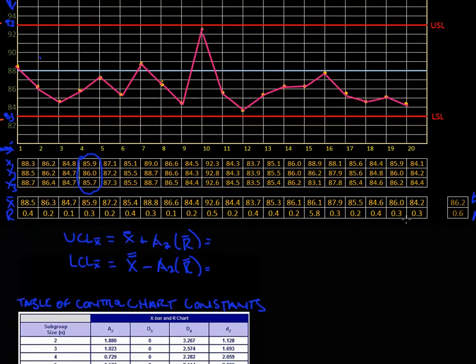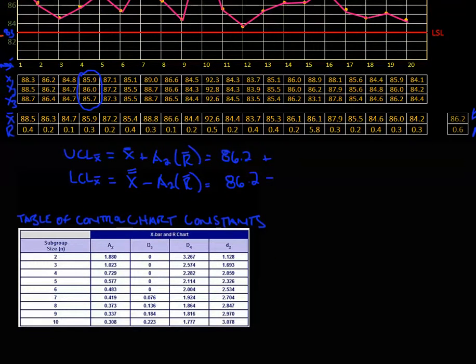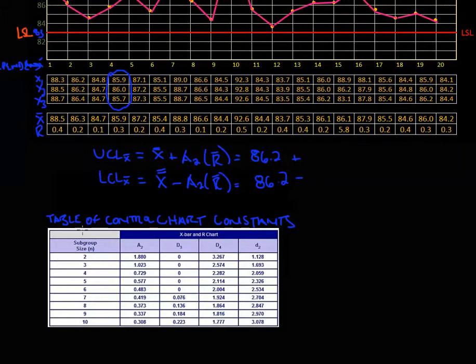So we can put in our values. So we know already our X double bar is 86.2 plus, in fact, I'm just going to do that right here, 86.2 minus, okay? Now what is this A2? There is a table of control chart constants.